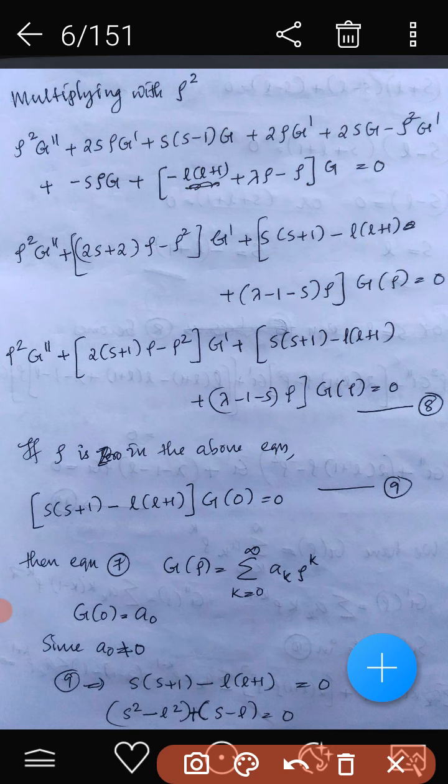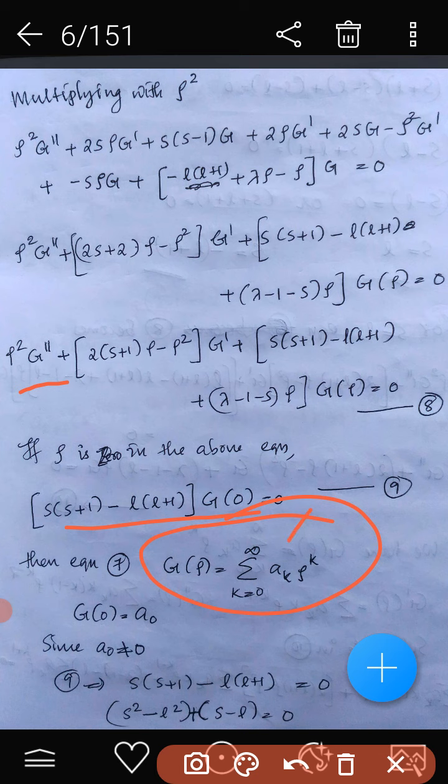So if rho is 0 in the above equation, then the equation becomes s into s plus 1 minus l into l plus 1 into g of 0 is equal to 0. From equation 7, we already wrote this equation, that is g rho is equal to summation over k is equal to 0 to infinity ak rho to the power k.